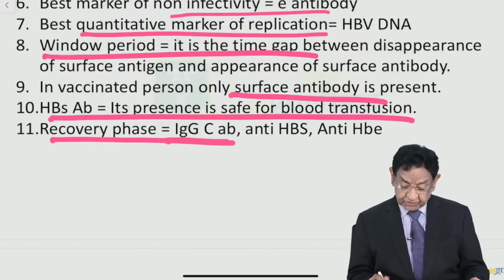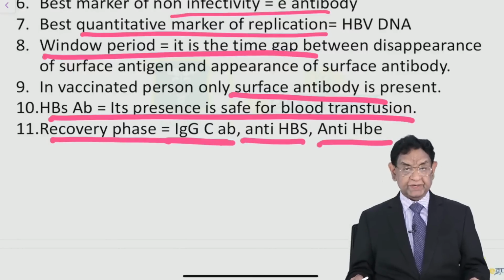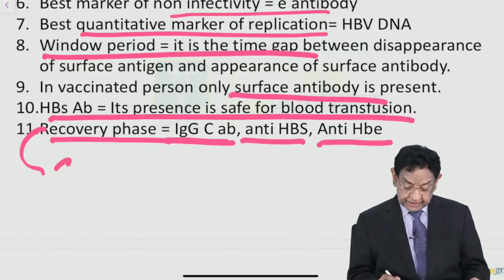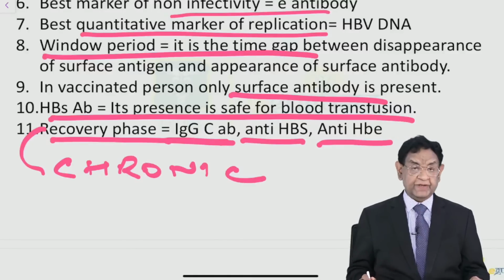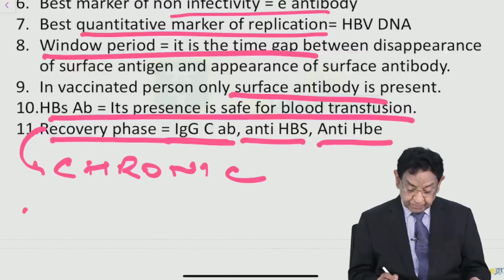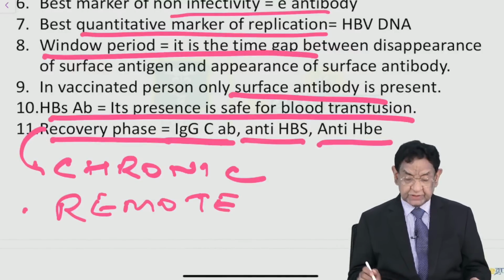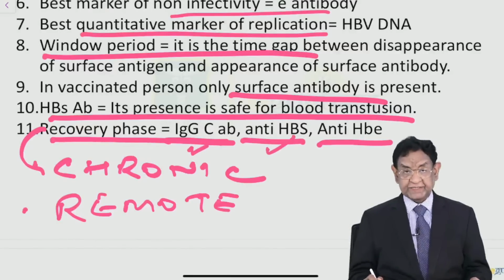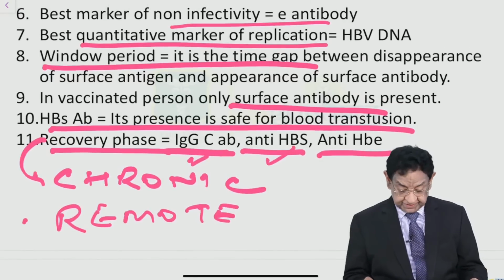Recovery phase: IgG core antibody, anti-surface antibody and HBe antibody. So this is the recovery phase, or you can say chronic phase, or we can say remote infection. So in this patient, anti-surface antibody is there, IgG core antibody is there. They indicate remote infection.